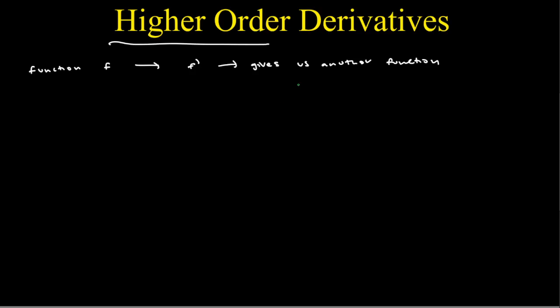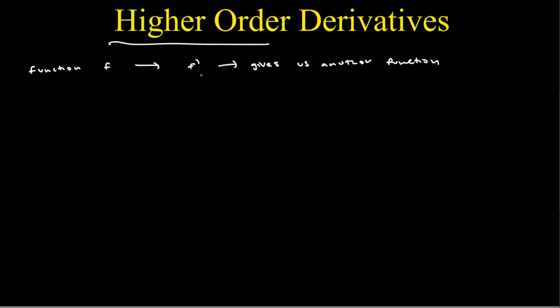Now, there's nothing stopping us from finding the derivative of f prime, because f prime is just another function. And if it's differentiable, we can find the derivative of that function. And so the whole idea is that finding the derivative of a derivative is a higher order derivative.